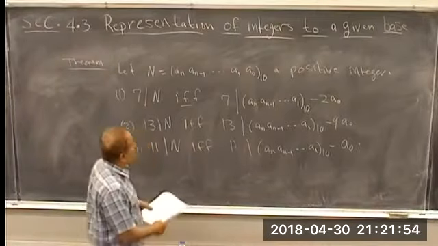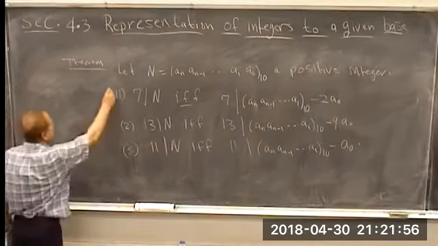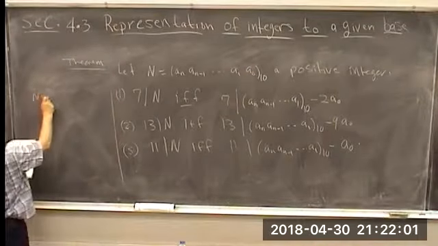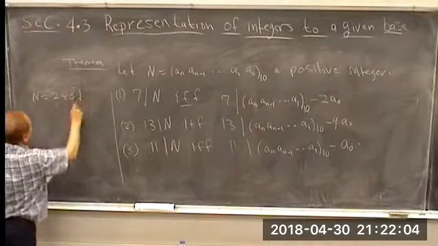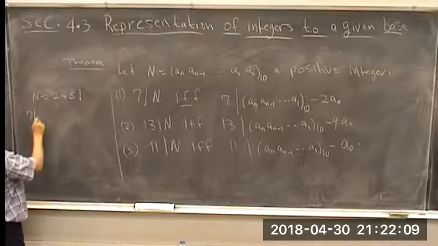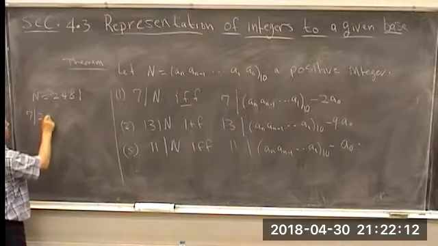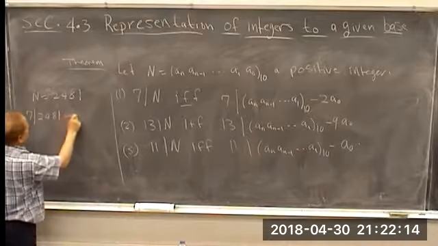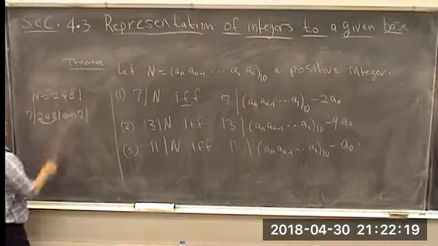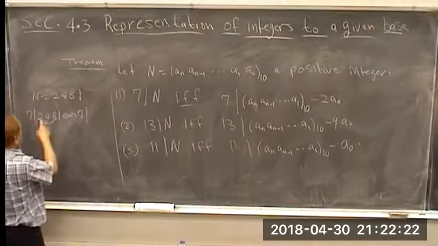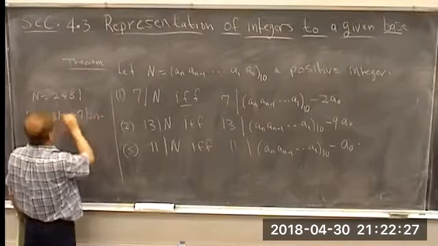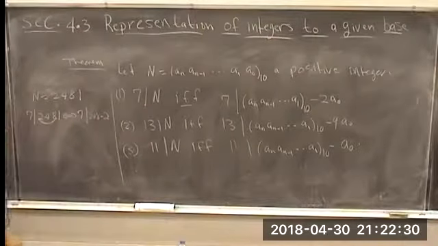Let's actually look at an example before we do the proof. Let's take n equal to 2481. What we're saying is that 7 divides 2481 if and only if 7 divides the first 3 digits, 248, minus twice 1, which means subtract just 2.